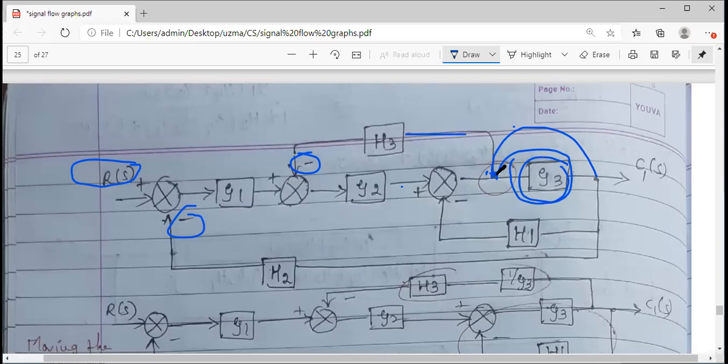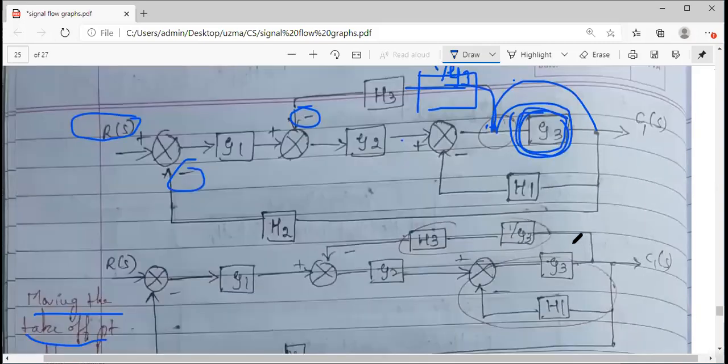So in this loop, the line connected from the take off point, which will be connected to H3, here in this path you have to take one more block. What should be the value of that? We have already seen the rules. Whenever the take off point is shifted or moved after the block, you have to take one more block in the path and its value should be the reciprocal, 1 divided by G3.